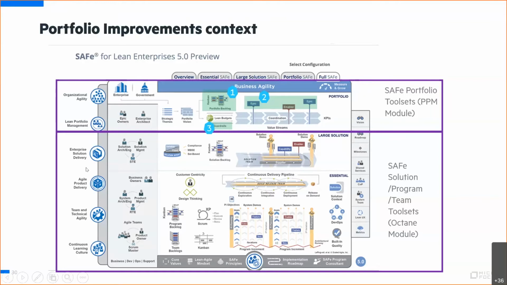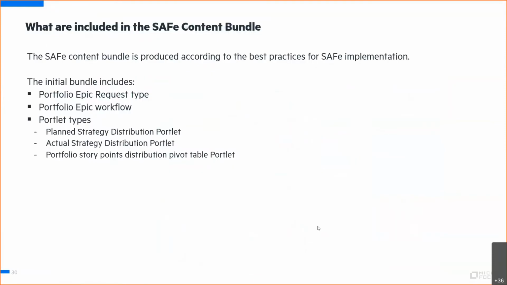And then there are a few guardrails. The bottom part can be implemented using the Micro Focus Octane module. So here are the contents for the SAFE module. It has the epic request type. Then there is an epic workflow, and there are a few portlets available in the SAFE content bundle.